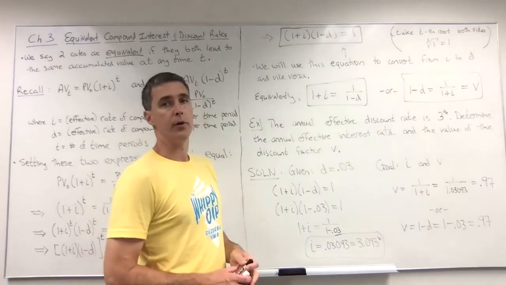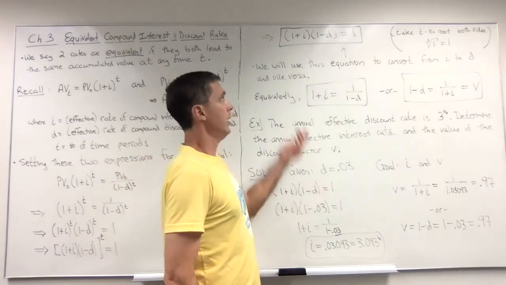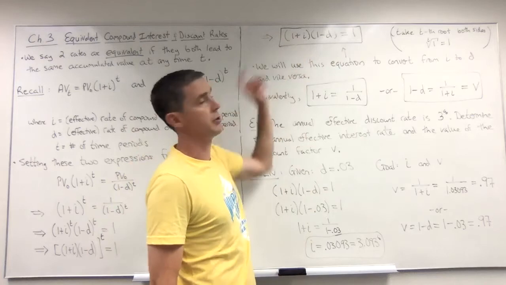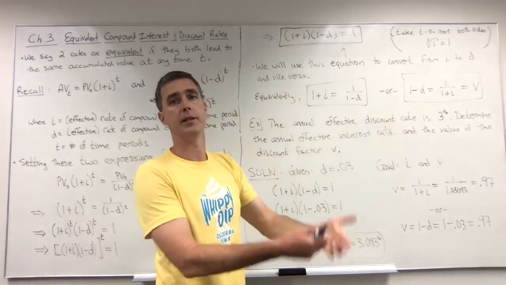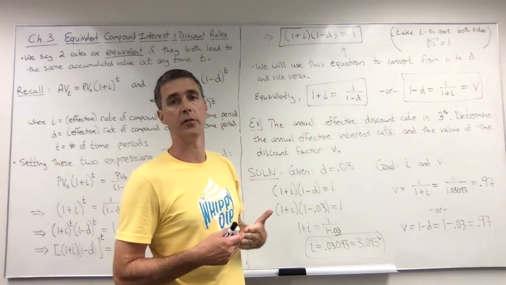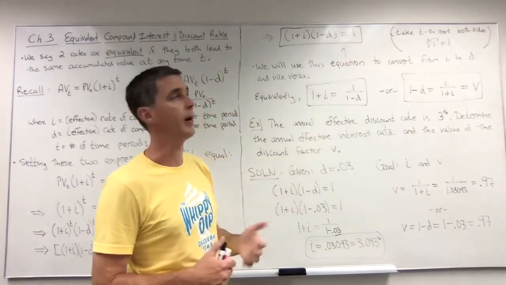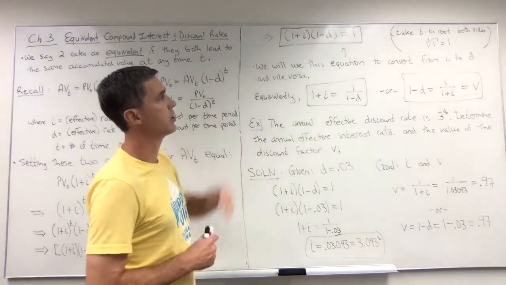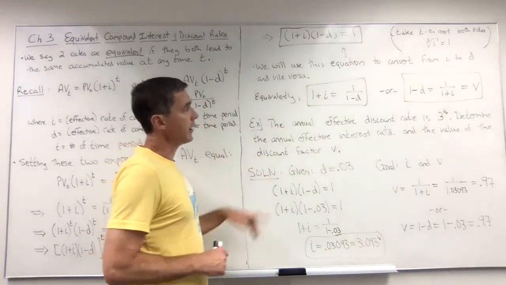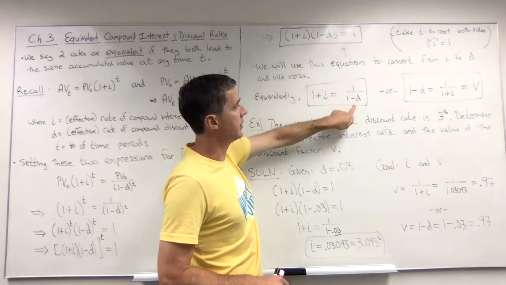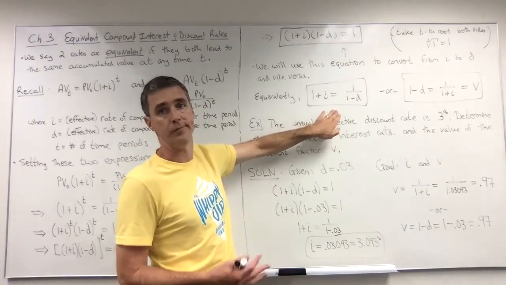And the way I remember it is, well, 1 + i pushes you forward a year, 1 - d is what brought you back a year from a previous video, and should get you to the same spot of $1 of initial loan amount. All right, so that's the equation we're going to use quite a bit. Now, if you like, you could divide the 1 - d underneath the 1 and come up with this alternate formula.